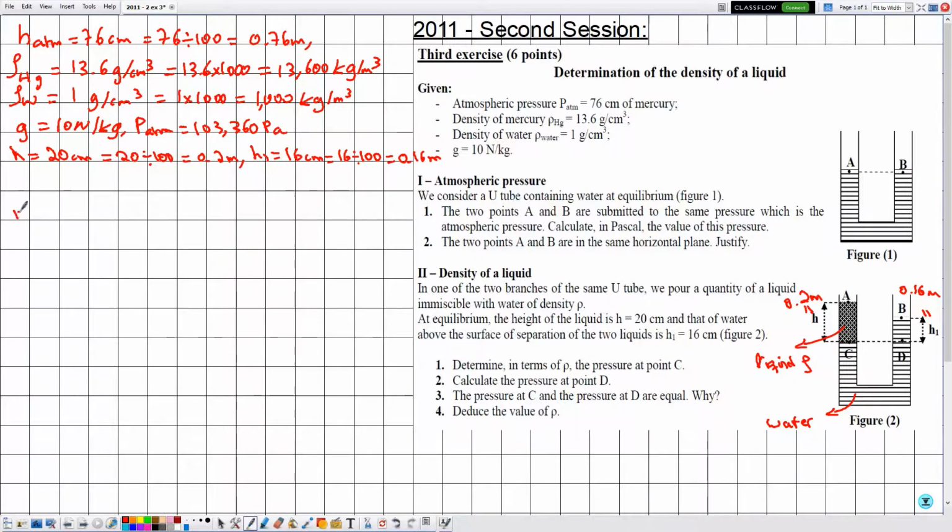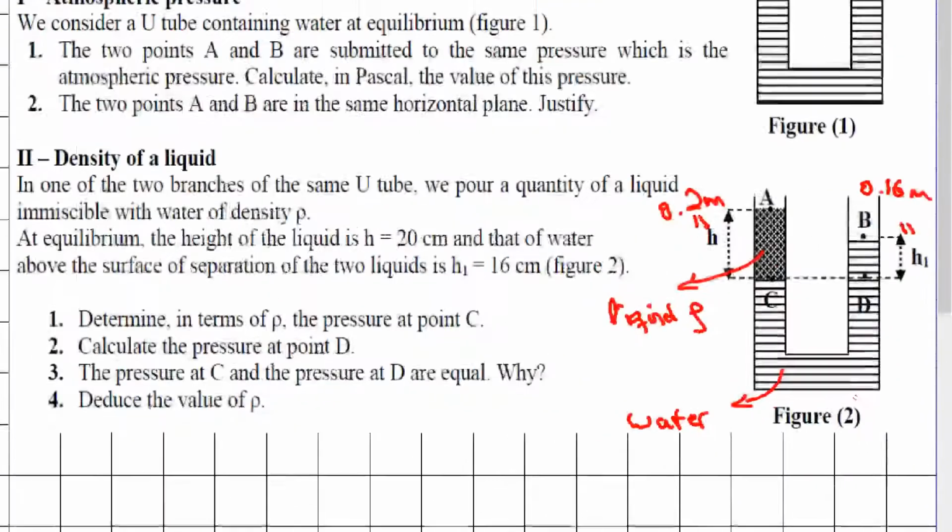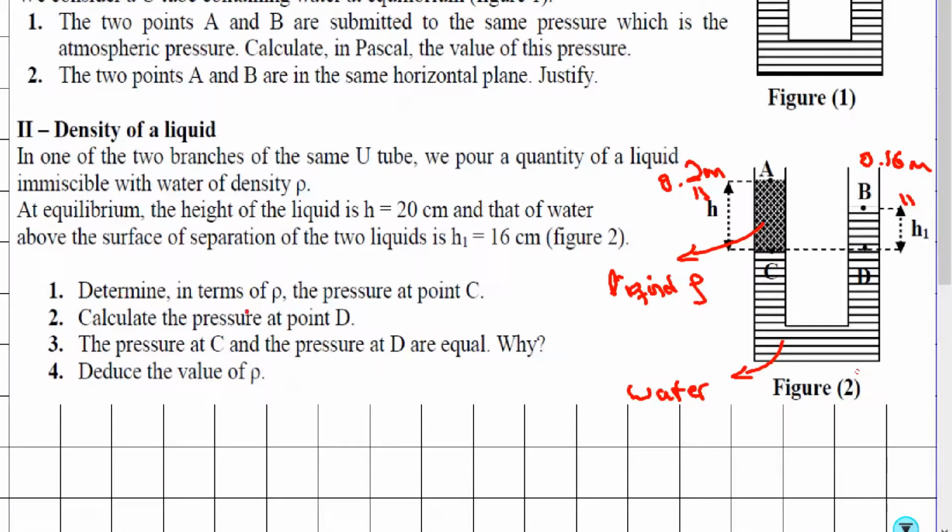Now part 2, number 1. Determine in terms of rho the pressure at the point C. So first let's check to which pressures the point C is being submitted. Whenever we are interested in determining the pressure, we always look upward.